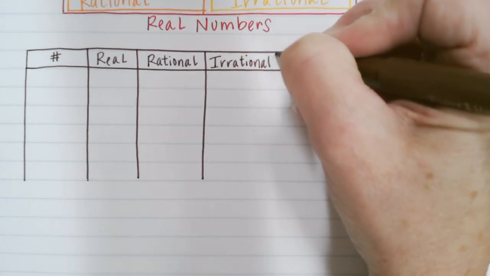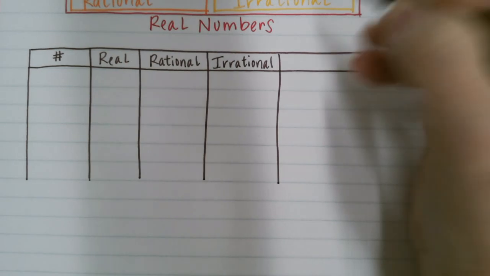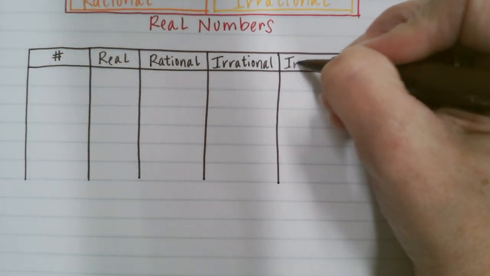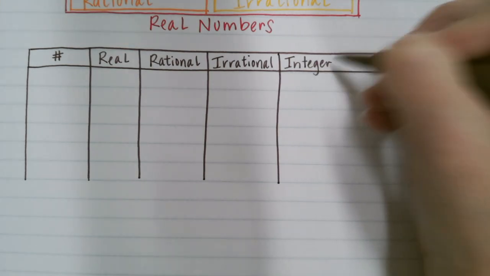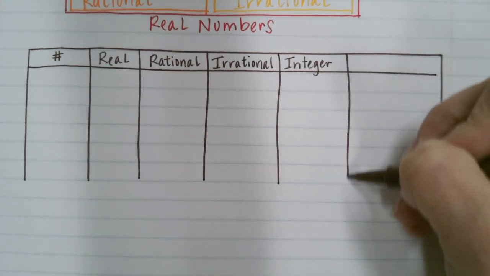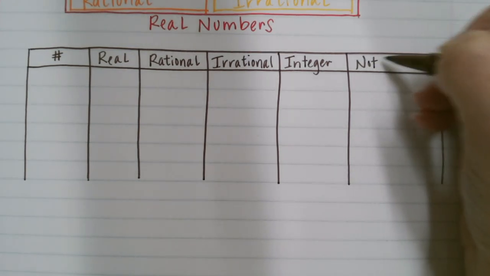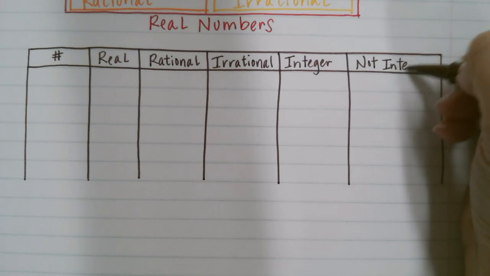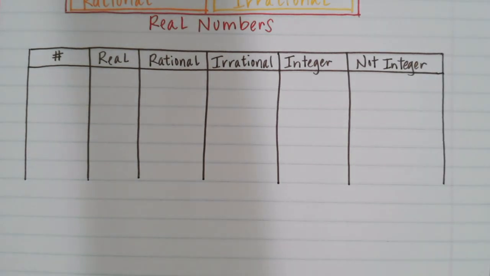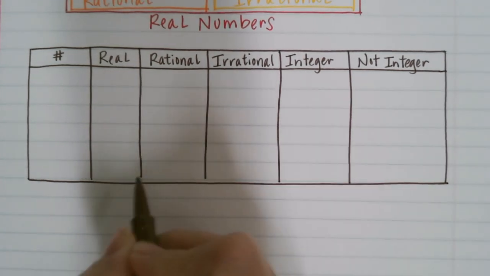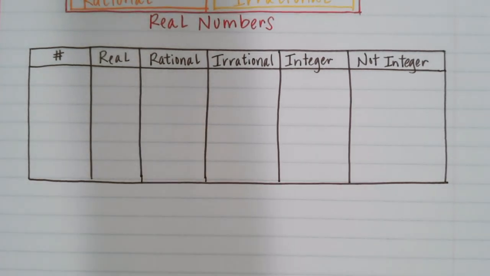And then we're going to decide if it is an integer or not an integer. If you need to pause the video so you can get the chart set up, please do, so that you can get the names of each column going across.